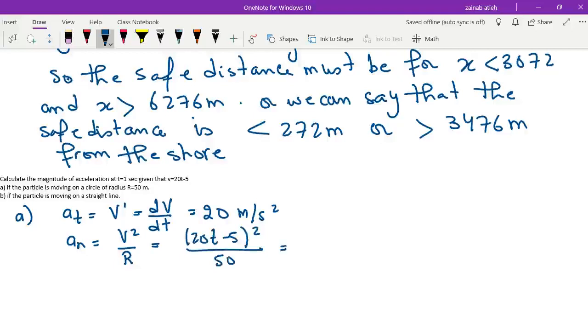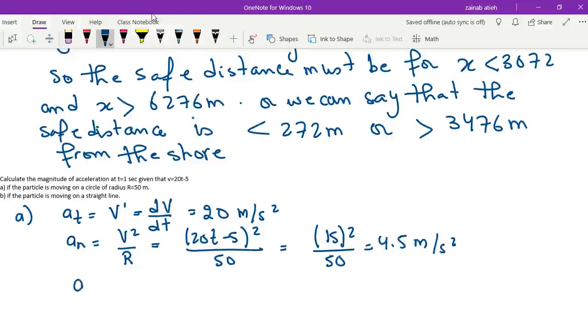هلا رح أعوض محل التايم 1 so بيطلع معي 20 minus 5, it's 15 squared over 50. I will get 4.5 meters per second squared.